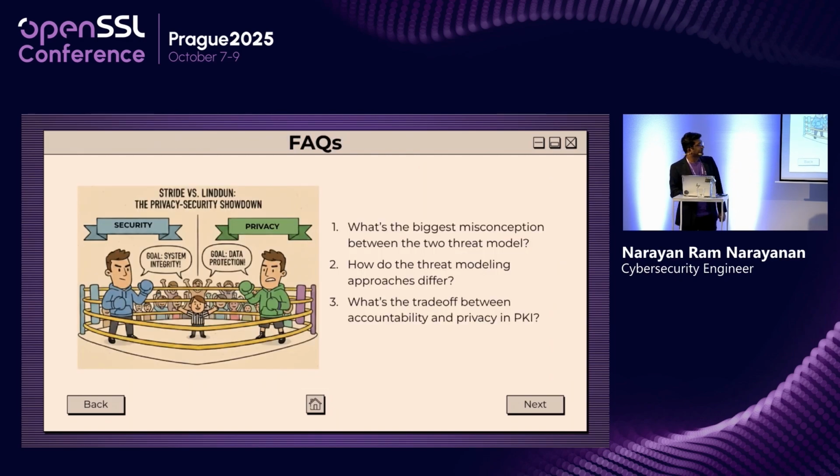And what is the trade-off between accountability and privacy here? This is the repudiation and non-repudiation that we spoke about. In the very first STRIDE model, we mentioned that we need to address repudiation, as in we need to log enough data to make sure the attack doesn't happen, or even if the attack happens, we can figure it out with enough data. But in privacy, that can be both a boon and a bane.